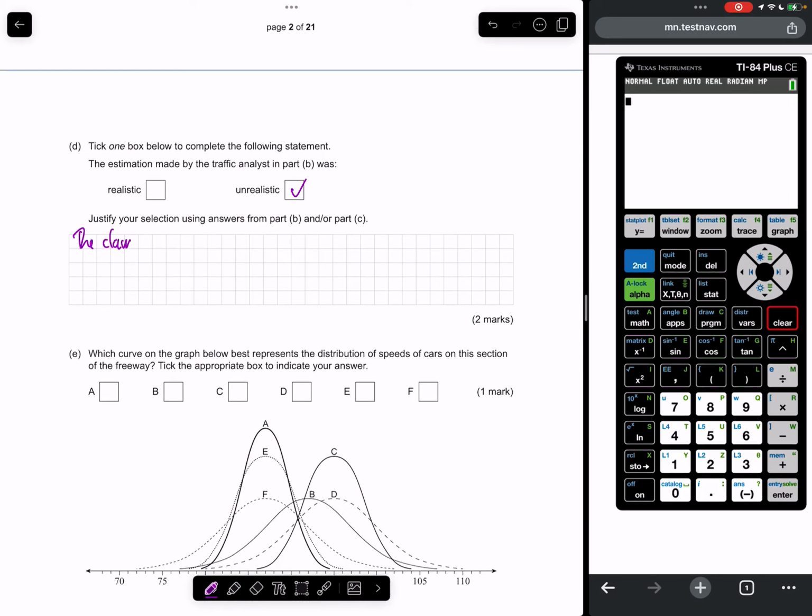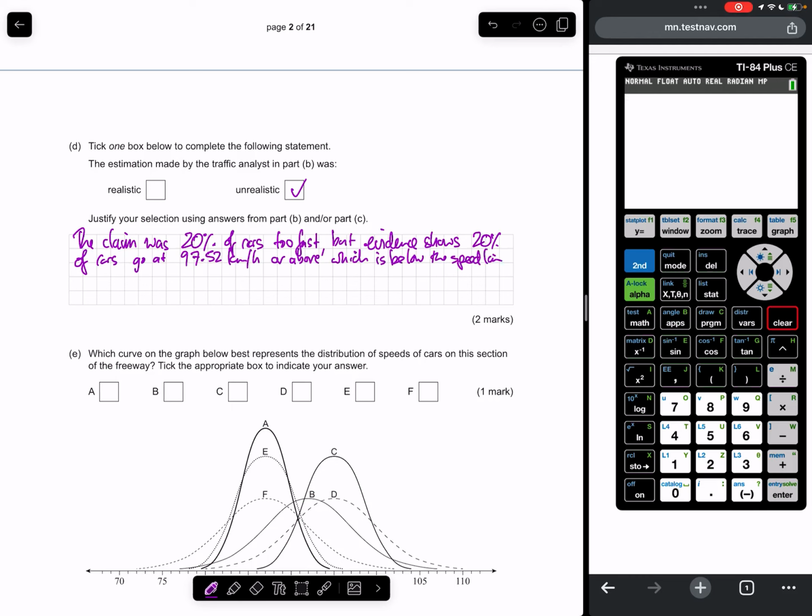The claim was 20% of cars too fast, but evidence shows 20% of cars go at 97.52 kilometers an hour or above, which is below the speed limit.